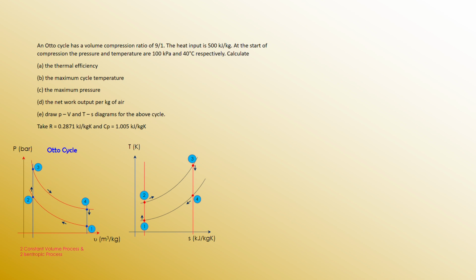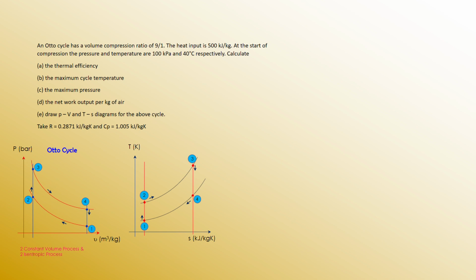Now at the start of the compression process, let us refer to the PV diagram. At the start of the compression process, only 1 to 2 is a compression process, where 2 to 3 is a constant volume, and 4 to 1 is also a constant volume.